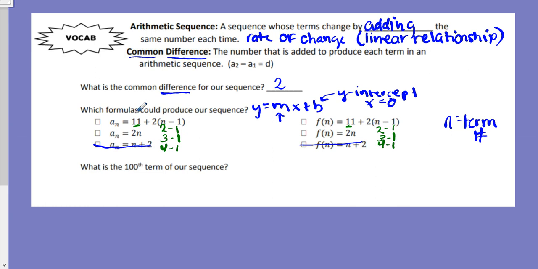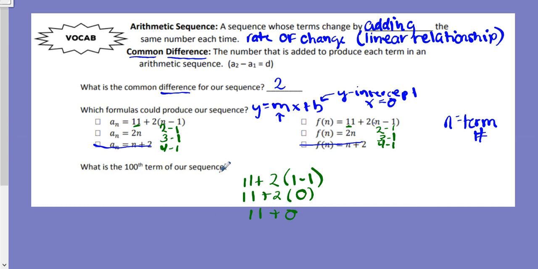To check to see if I'm right, I can see 11 plus 2 times my first term minus 1. So 11 plus, well, let's do what's inside the parentheses first. 1 minus 1 is 0. 2 times 0 is 0. 11 plus 0 equals 11.